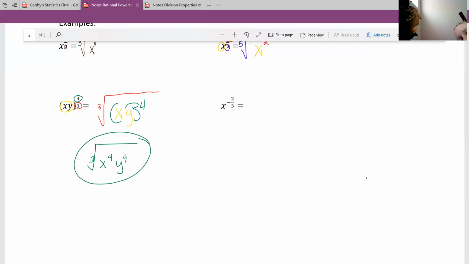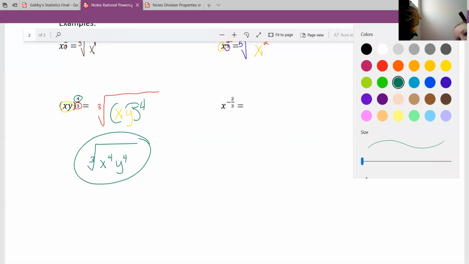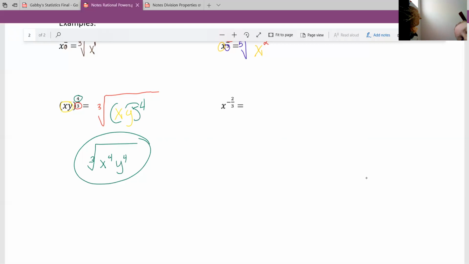And then last but not least, what if my exponent is negative? Well, that's all right. I'm going to do the same 3 steps. I'm going to draw my radical. The bottom number is going to stay positive and go in the little bend. So I'm going to use my 3 again, my cube root. My base goes inside.